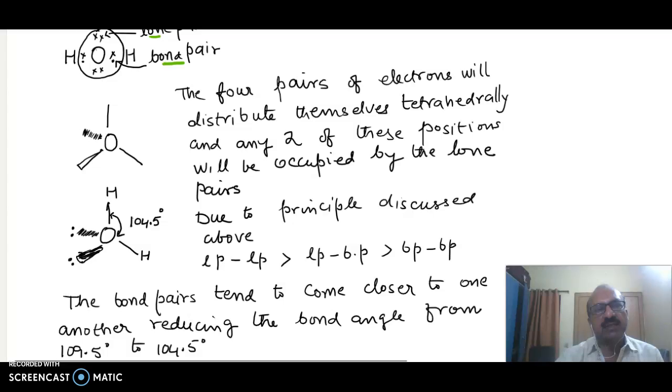So we arrange initially the 4 electron pairs in the form of 4 covalent bonds, which might be formed in the form of a tetrahedron, but 2 of these positions will be occupied by the lone pairs. Once again, all the 4 positions are equivalent because it's in a tetrahedron. All the 4 bonds are equivalent. It does not matter where we put the 2 lone pairs of electrons. We can put the 2 lone pairs of electrons anywhere.